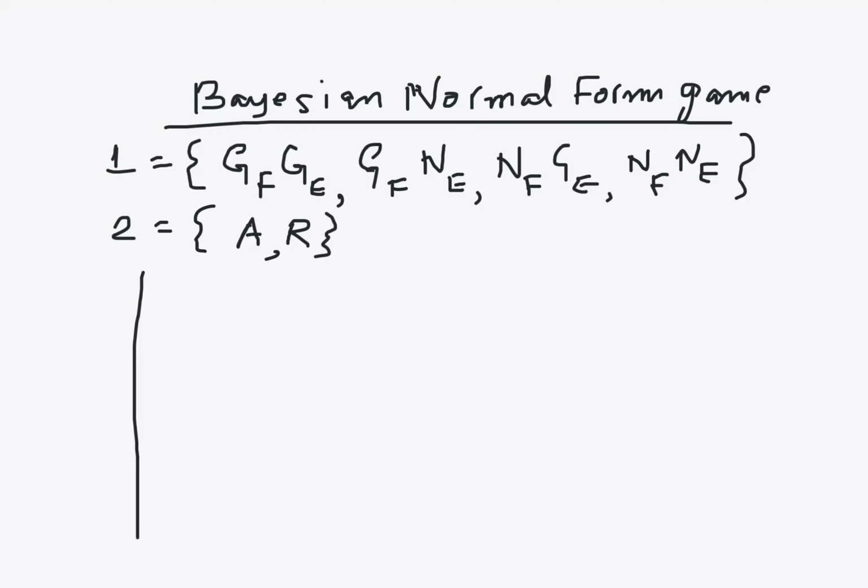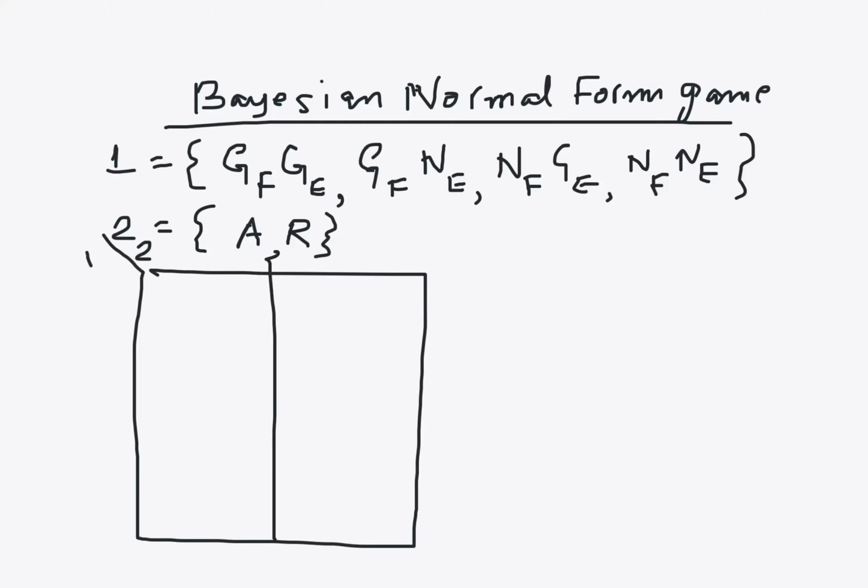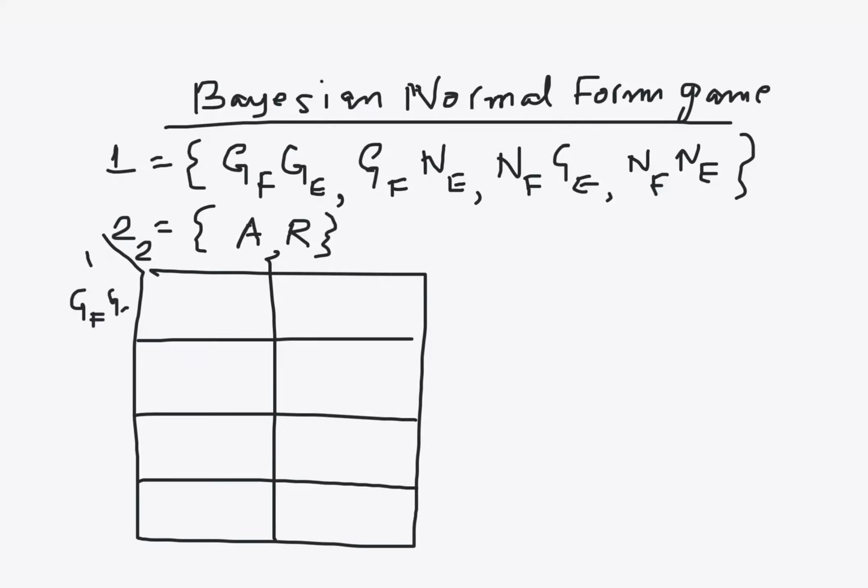Here we have 4 strategies for player 1: gift as a friend type and gift as an enemy type; gift as a friend type and not gift as an enemy type; not give gift as a friend type but give gift as an enemy type; and not give gift as friend type and enemy type.